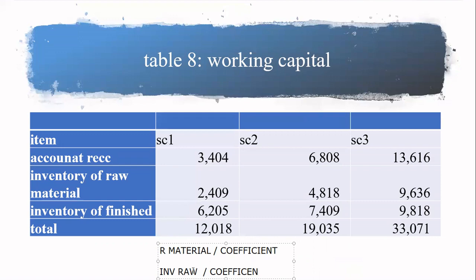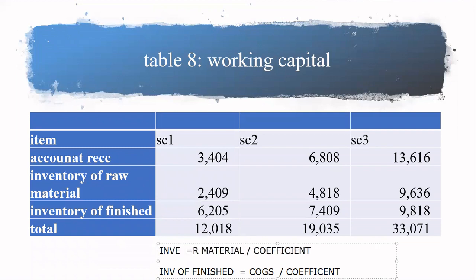I can calculate the inventory of finished goods by taking the COGS, cost of goods sold, divided by the coefficient. And the inventory of raw material is calculated from the raw material divided by the coefficient.